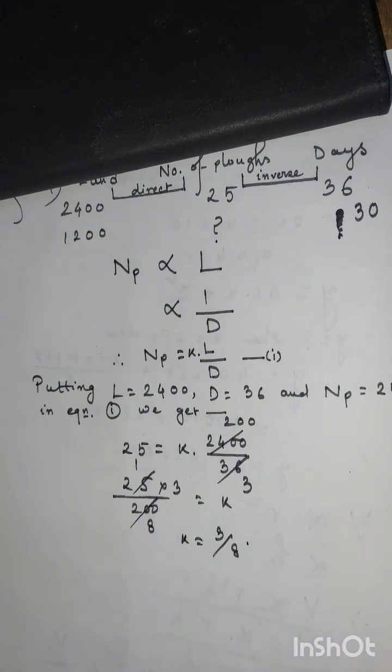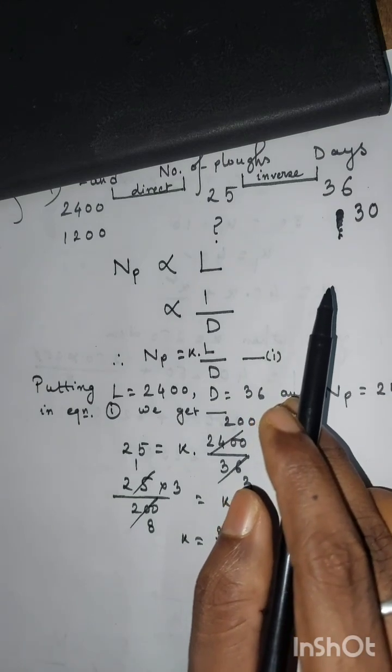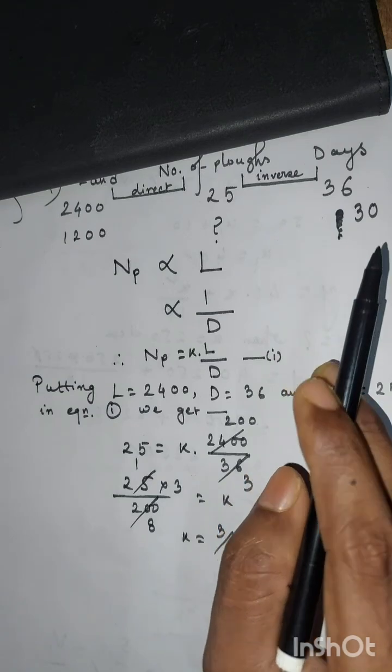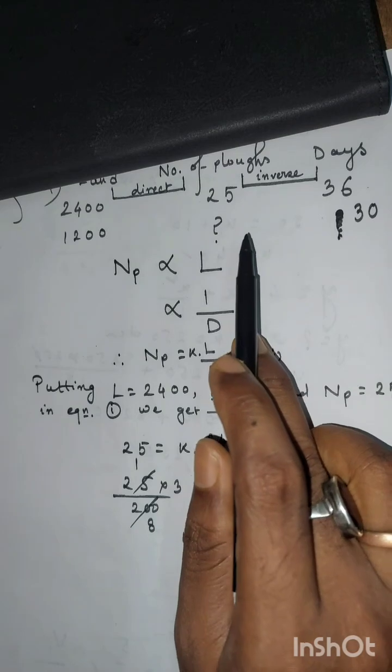Now we are using the second condition. We put the second condition and the value of k in equation 1 to solve this.